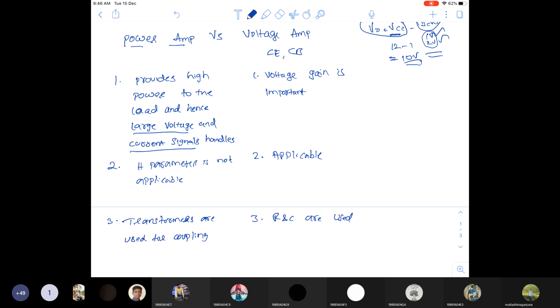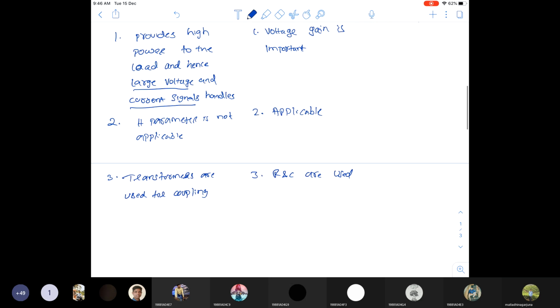Next, the fourth one: it amplifies both AF and RF signals.